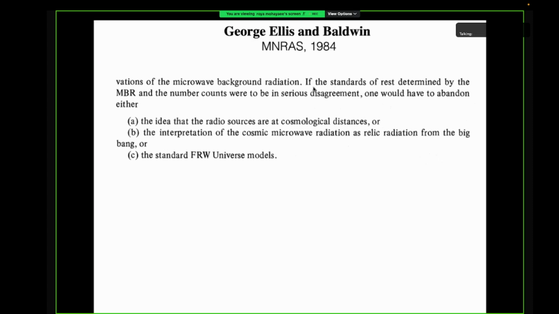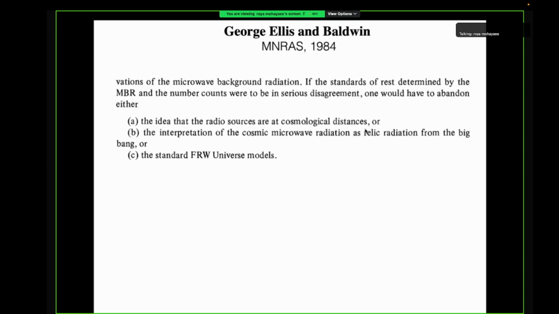He says, if the standard of rest determined by the MBR and the number counts were to be in serious disagreement, one would have to abandon either A, the idea that the radio sources are at cosmological distances. At that time people were arguing that radio sources are not at cosmological distances, they are nearby.